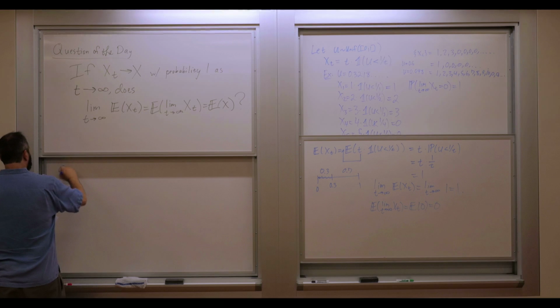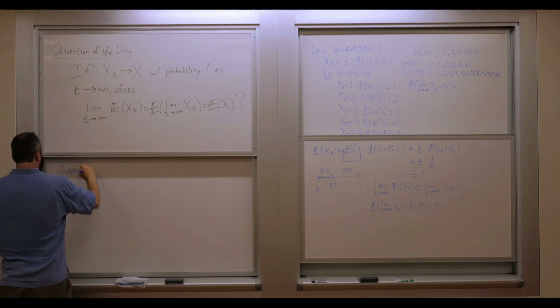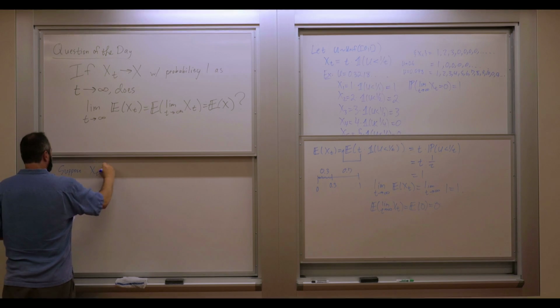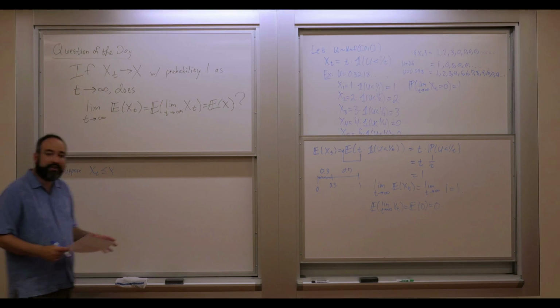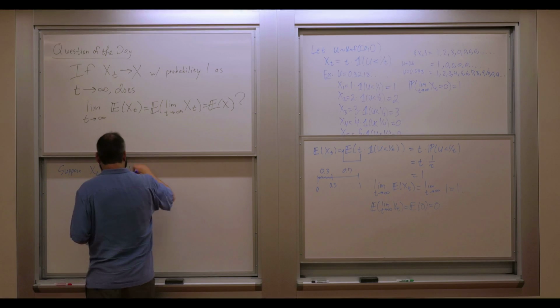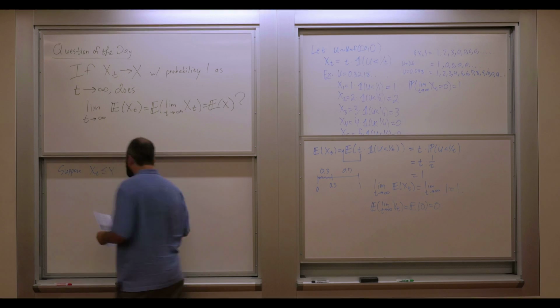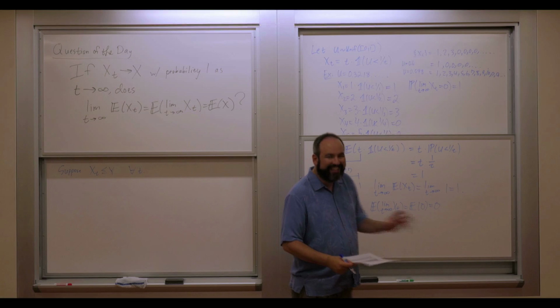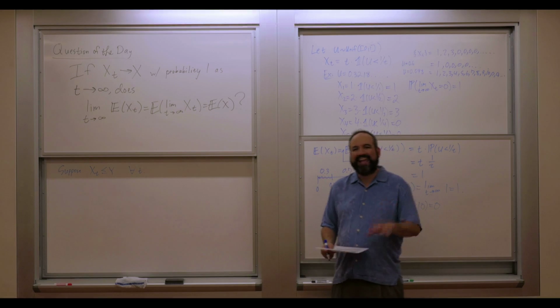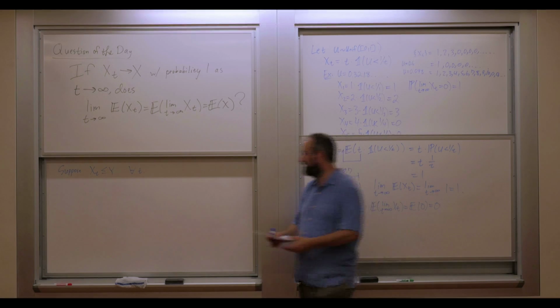So suppose that x of t is less than or equal to some random variable y for all t. Now, in the example on this board that I just erased, each of the x of t's were less than or equal to u.